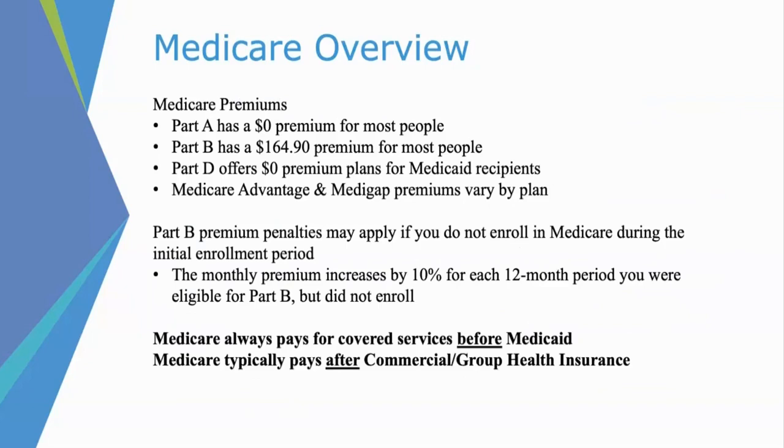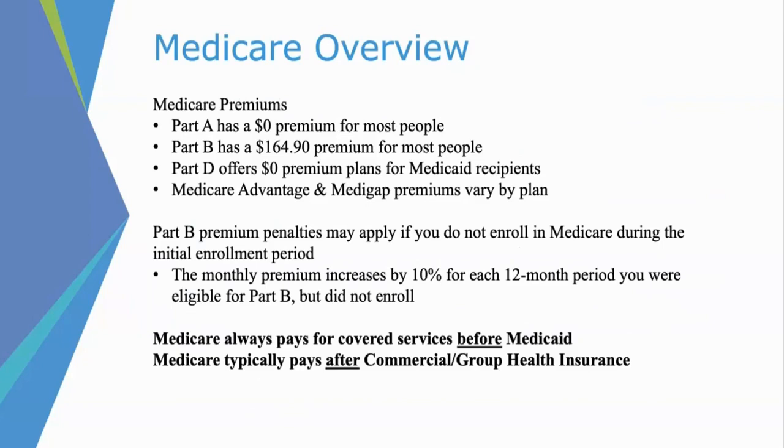Medicare overview, the Medicare premiums. So Part A has a $0 premium for most people. Part B has a $164.90 premium for most people. Part D offers $0 premium plans for Medicaid recipients, and Medicare Advantage and Medigap premiums vary by plan. Part B premium penalties may apply if you do not enroll in Medicare during the initial enrollment period.